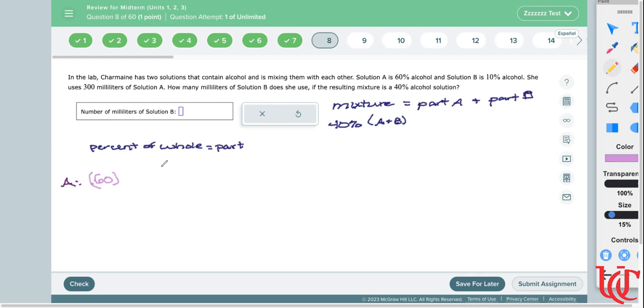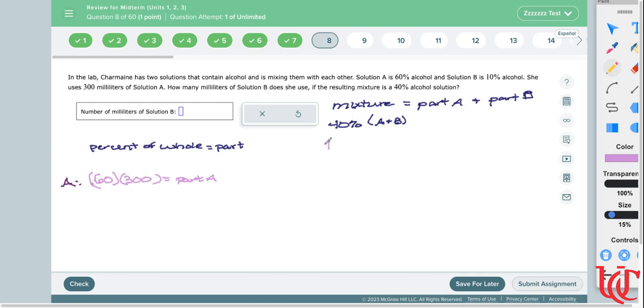Of is times. The whole part, they told me I'm using 300 milliliters equals part A. But I know that I used 300 milliliters of A. So when I'm doing my mixture, the A is the total.